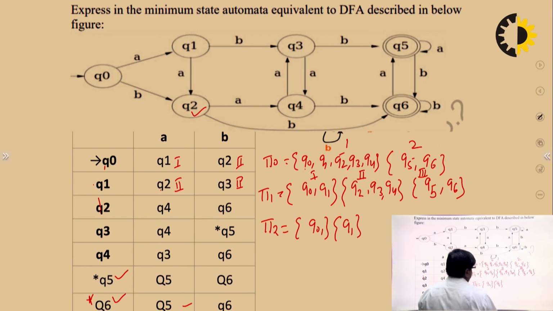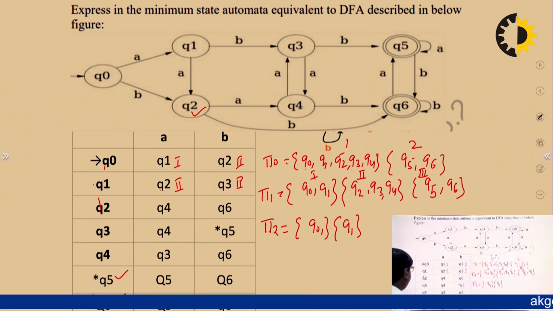Now check this one. Q2, Q3, Q4. Now Q2, Q4 lie in the second set. Q3 and Q4 also lie in the second set. From the A transition, we check the B transition.